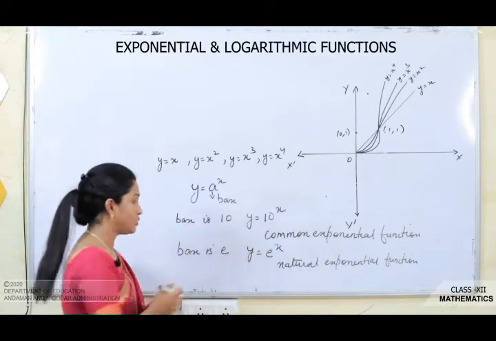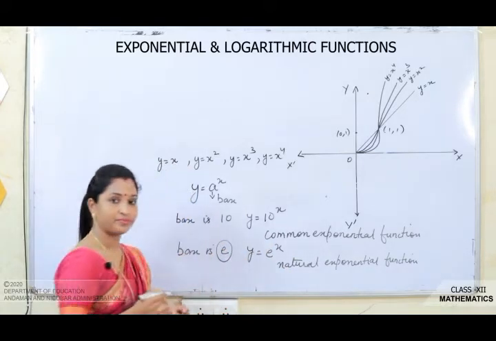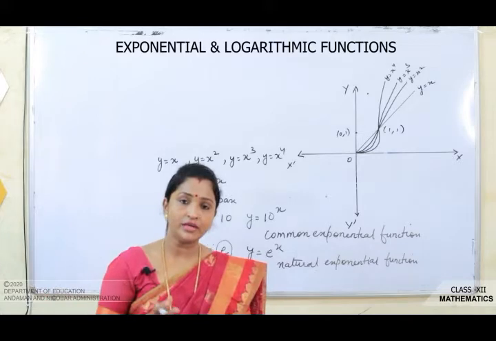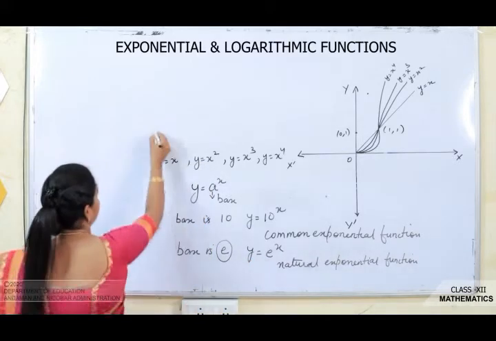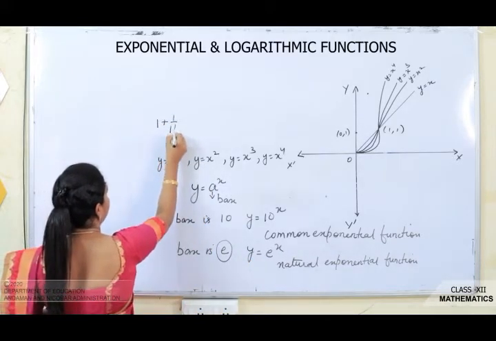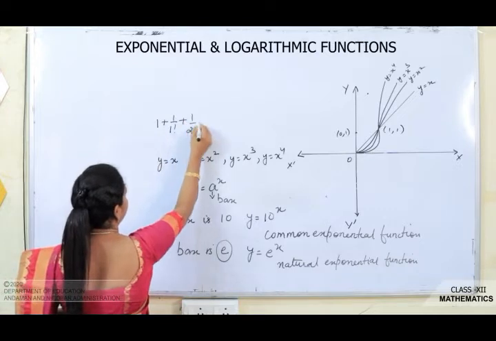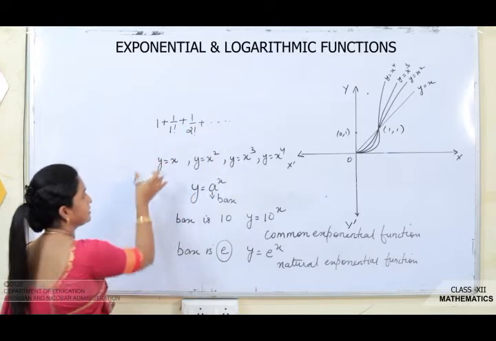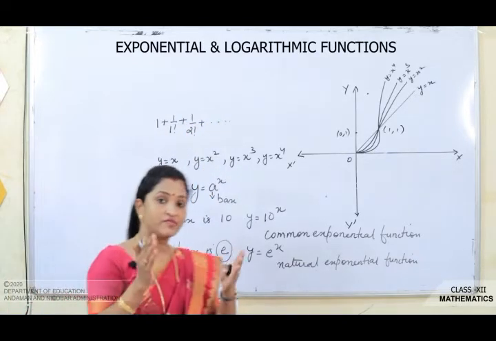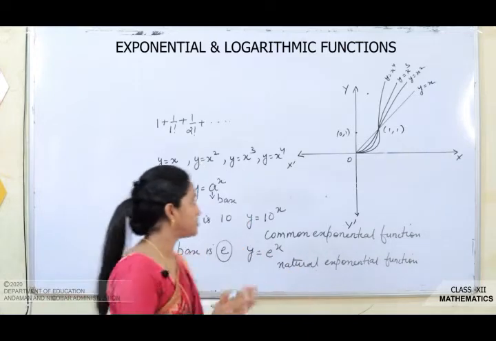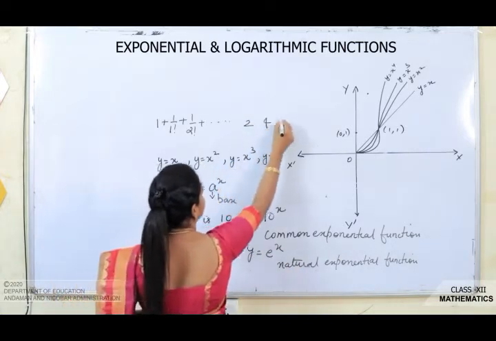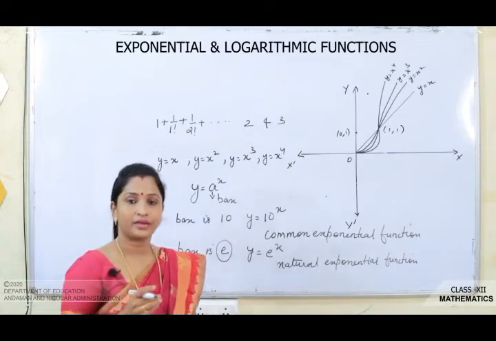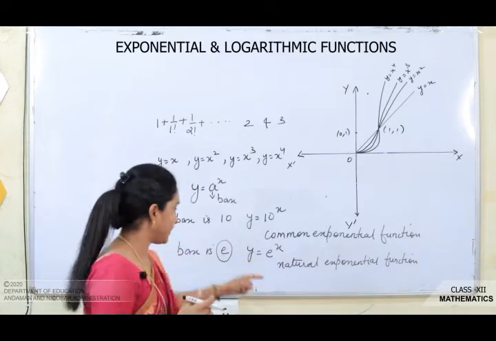Now again there is a doubt, what is e? You must have learned in 11th class: 1 plus 1 by 1 factorial plus 1 by 2 factorial plus etc. This is the sum of a series whose value lies between 2 and 3, and that value is denoted by e.